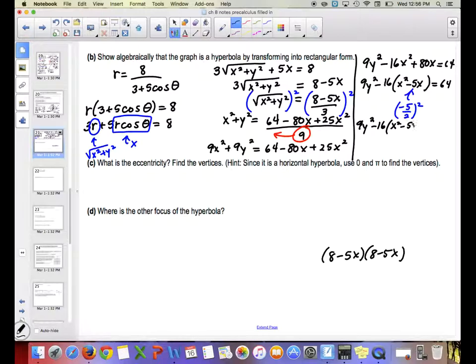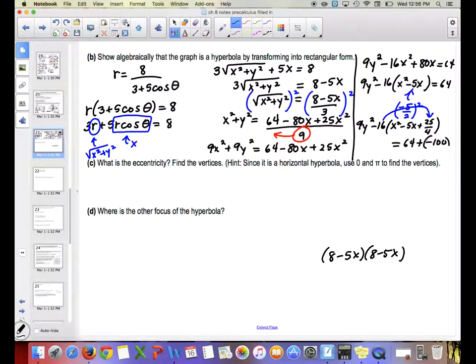X squared minus 5x plus 25 over 4 equals 64 plus, it's not going to be 25 over 4, it's going to be negative 16 times 25 over 4. So let's find that. If I do negative 16 times 25 over 4, the 16 and 4 will reduce out. You'll get negative 100, right? That was this times this.